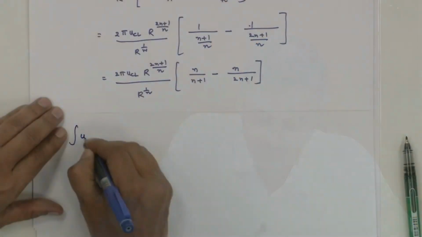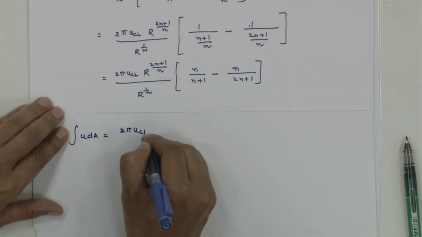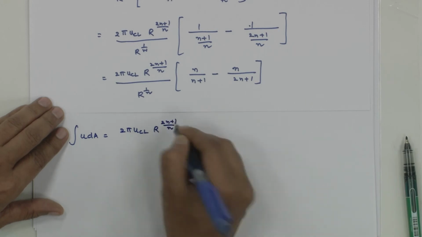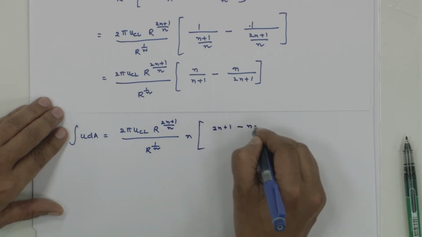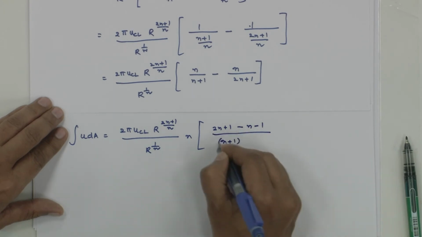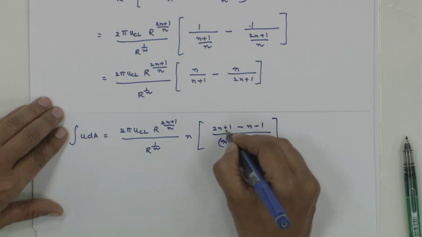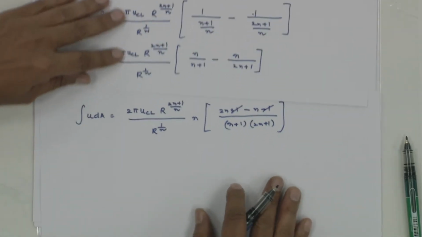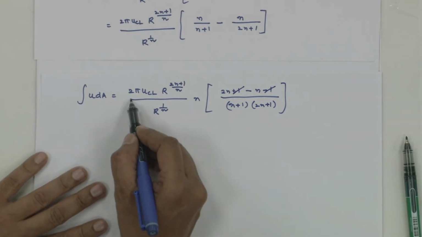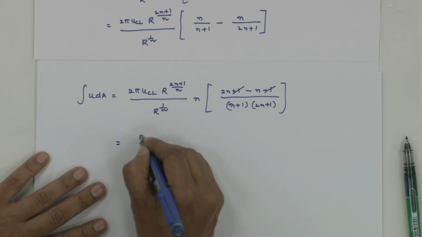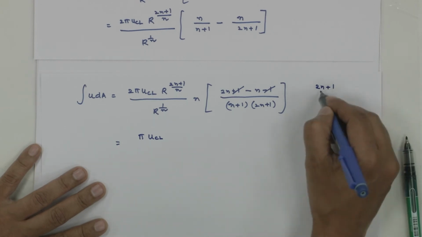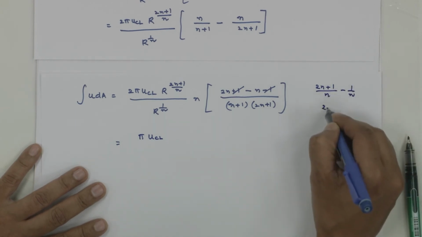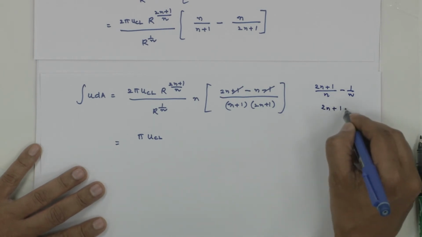so that is ∫u dA equal to 2π u_CL r^((2n+1)/n) upon r^(1/n). n, if I take out common, (2n+1 − n − 1) upon (n+1)(2n+1). So the 1 gets cancelled out, 2n − n is n, n into n is n squared, here 2 is there, so I can write this as π u_CL, and (2n+1)/n − 1/n, that is nothing but (2n+1−1)/n.